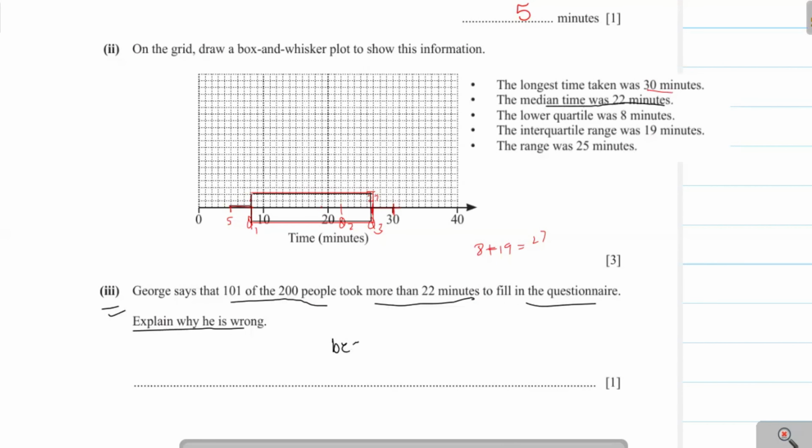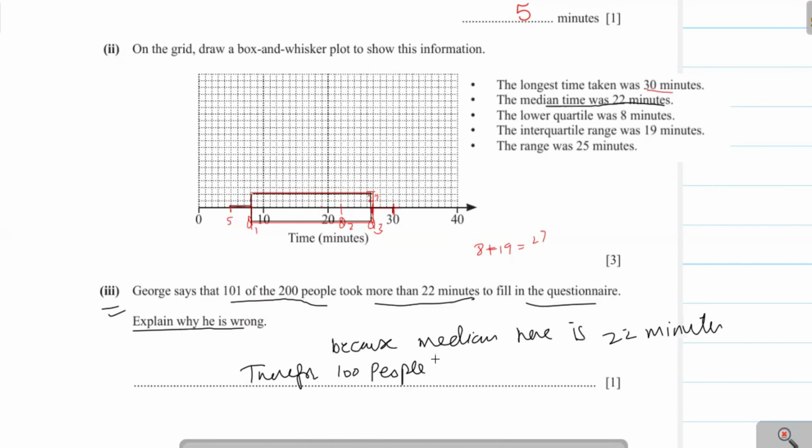So we can write: because the median here is 22 minutes, 100 people filled in the questionnaire in 22 minutes or less than 22 minutes.